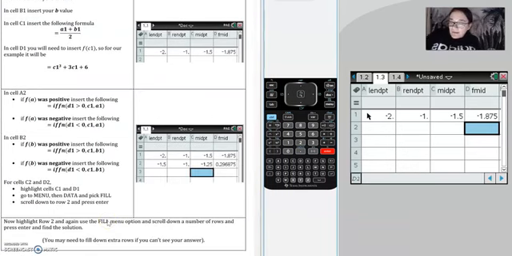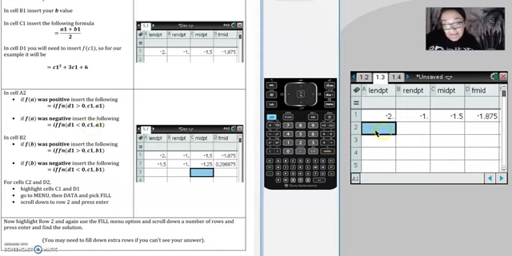Okay, I've scrolled down a little bit on the CAS instructions, because when we come down here to cell A2, we're not going to put in every single one of these formulas. It is dependent on what has happened before. So if FA was positive, not the case. But if it was, we would put in this formula. If FA was negative, which we have, we're going to insert this formula into A2.